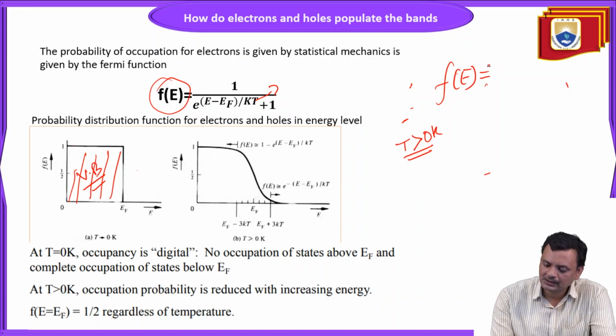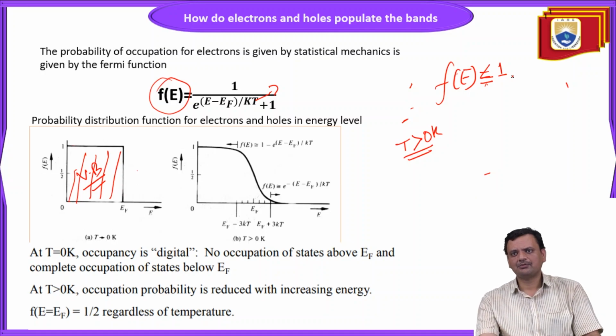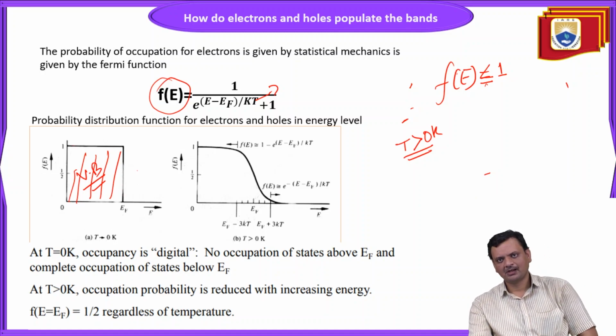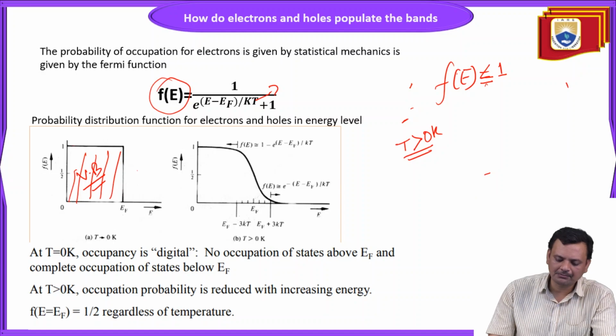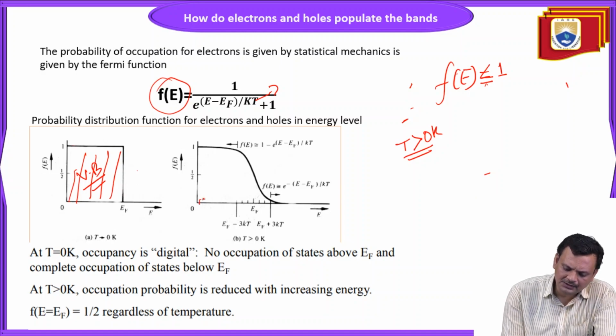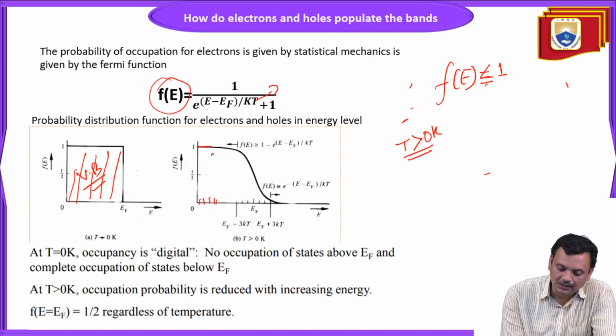F(E) will always be less than or equal to 1. For some lower energy values, it will be nearly equal to 1. The probability value will be nearly equal to 1.